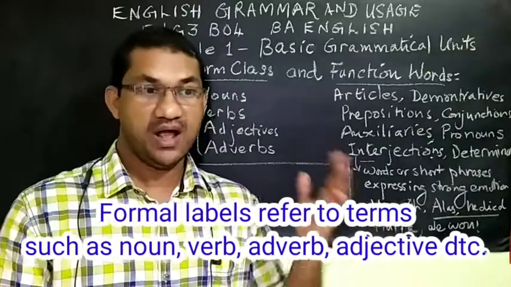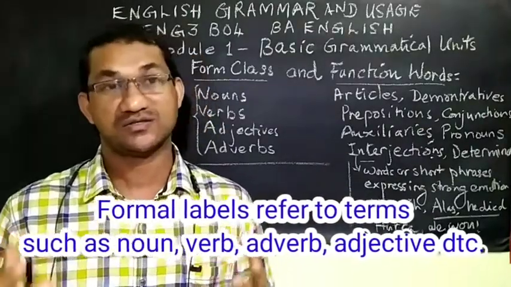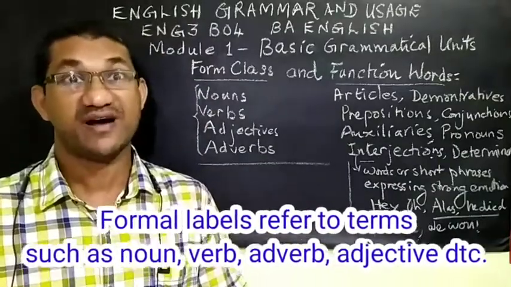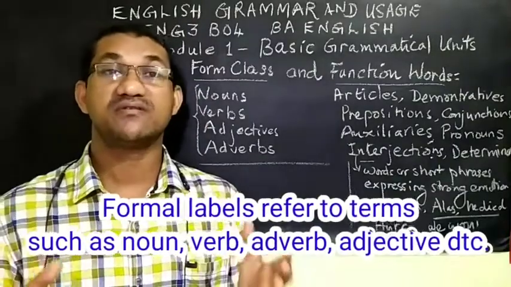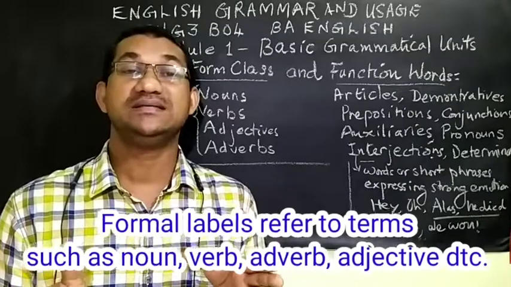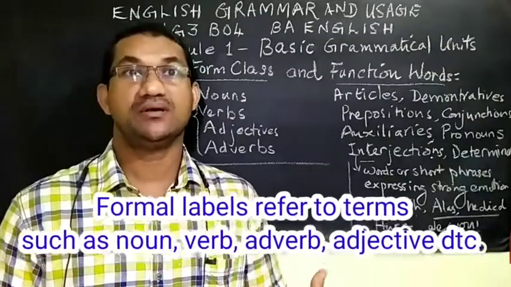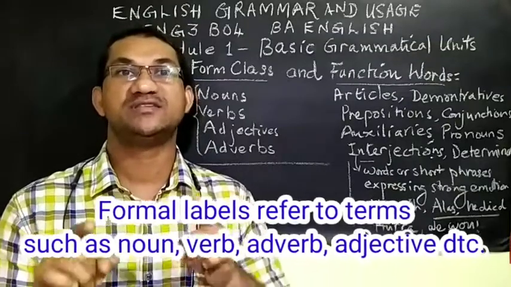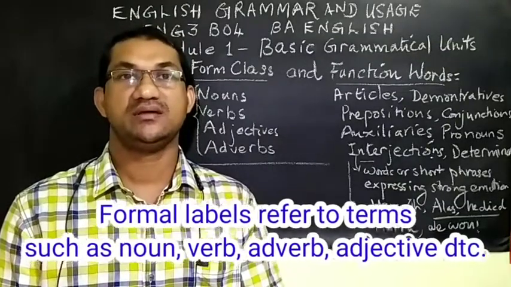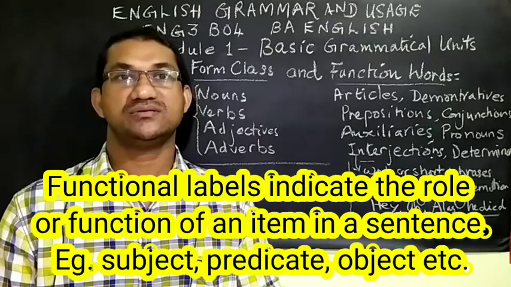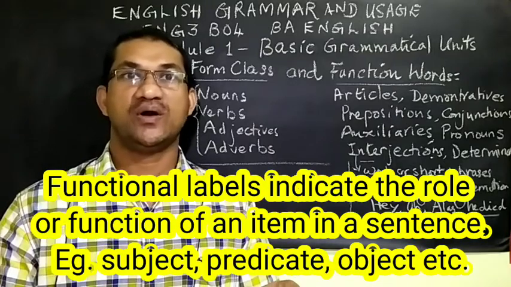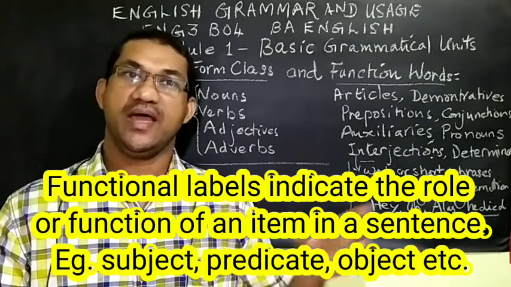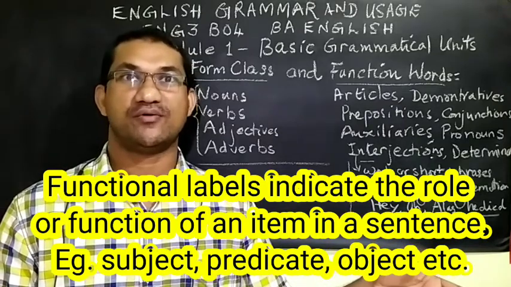That is label. And now we come to a concept called function. Function refers to the duty, what is the function, of a vocabulary item in a sentence. Look at the sentence, John sings a song. John is a noun. Song is also a noun.